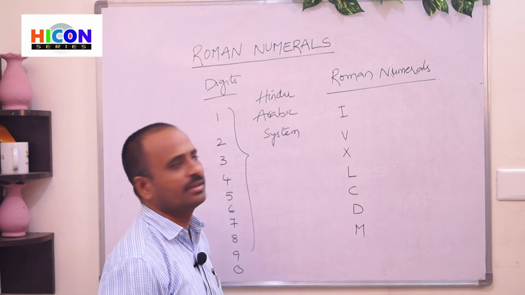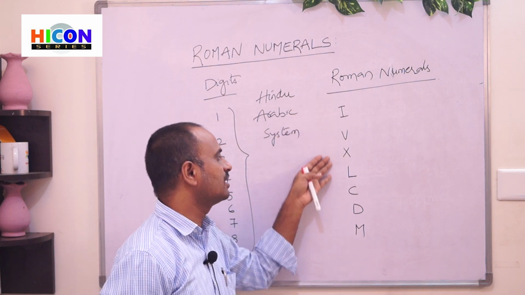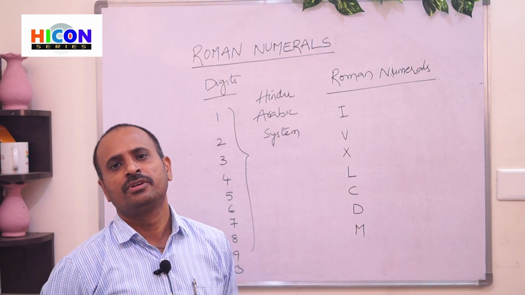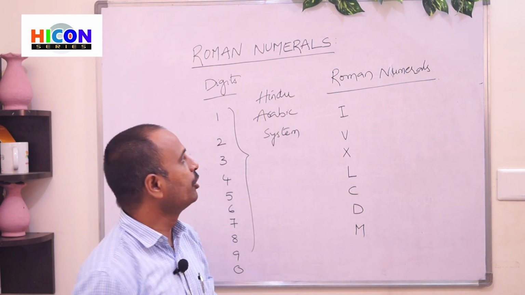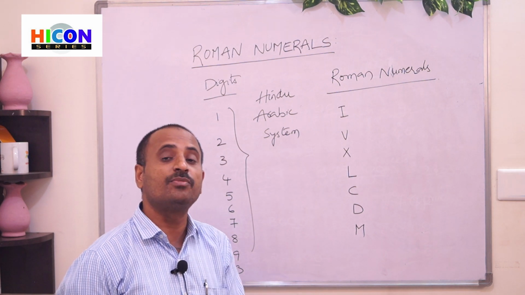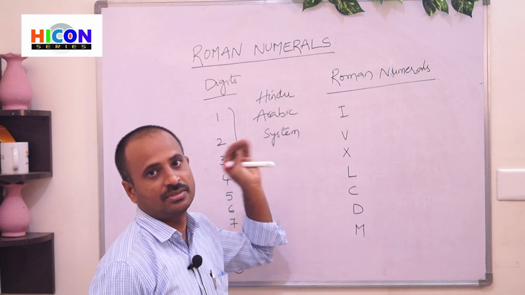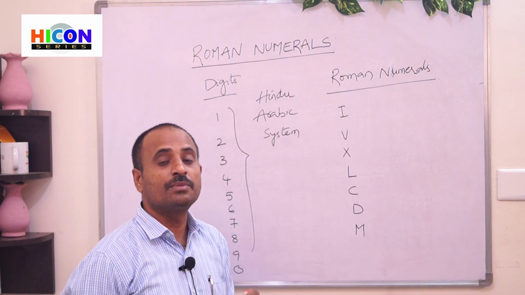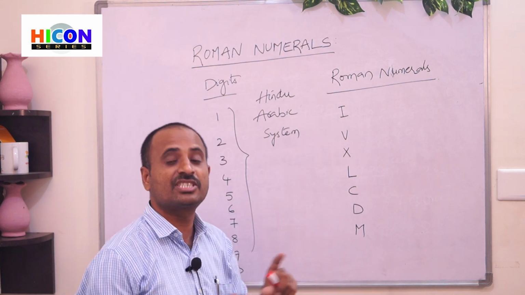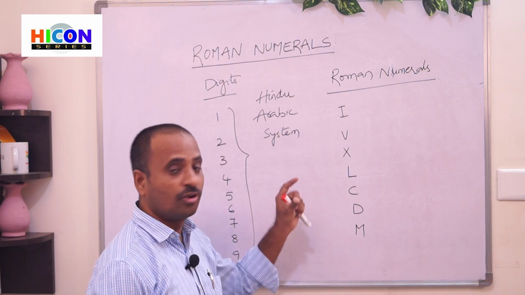Children, but these have little importance. That's why Roman numerals are used only in a few situations in our daily life. Can you tell me where you observe these Roman numerals in daily life? For example, on some wall clocks you will observe these symbols. And in your classrooms, these symbols are used for your standard, that means first standard, second standard, and fourth standard.